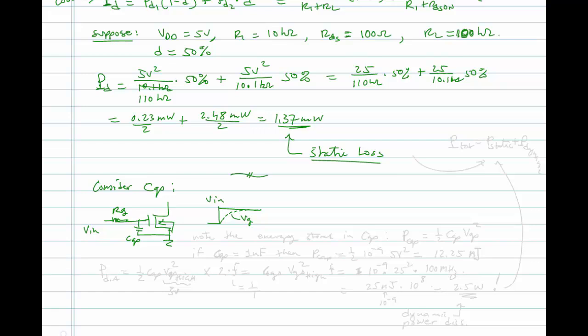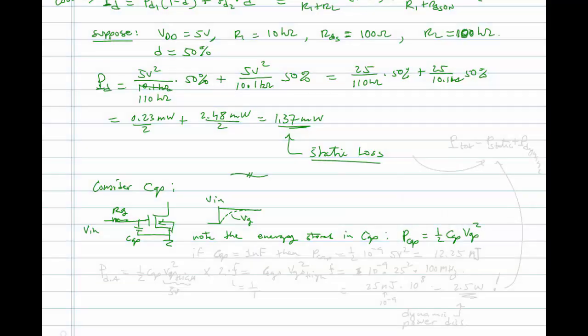But the thing that we want to highlight is note the energy stored in CGS. It's going to be equal to 1/2 C V squared, where the voltage will be the 5 volts.